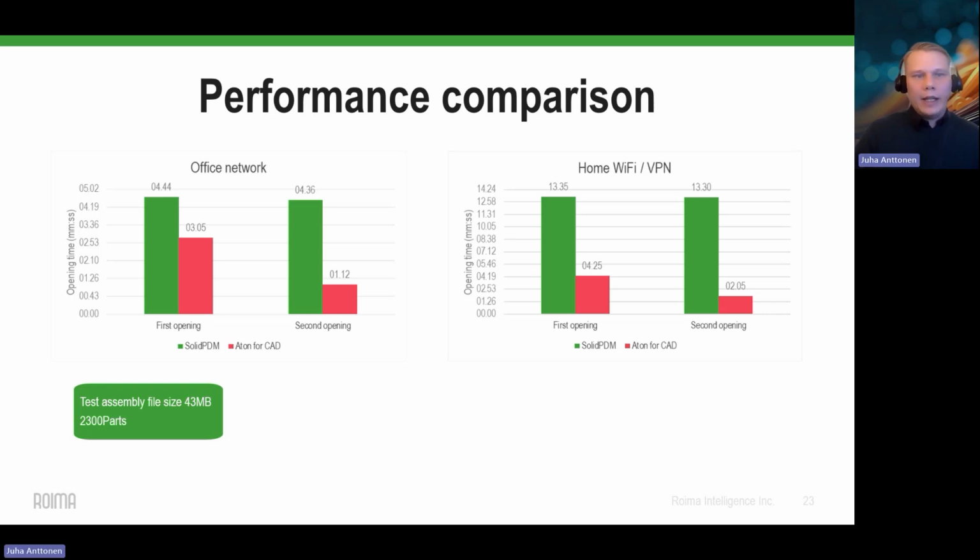As we can see, in the first opening, there is a significant improvement in Aton for CAD versus SolidPDM, but especially in the second opening, we really get the time benefits here. So it's much faster than in SolidPDM.